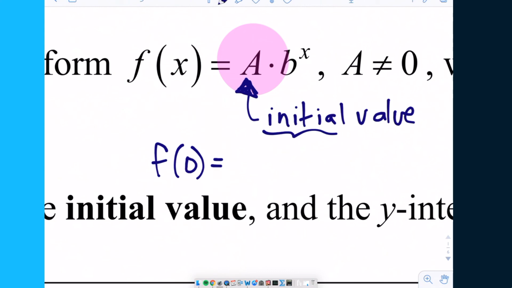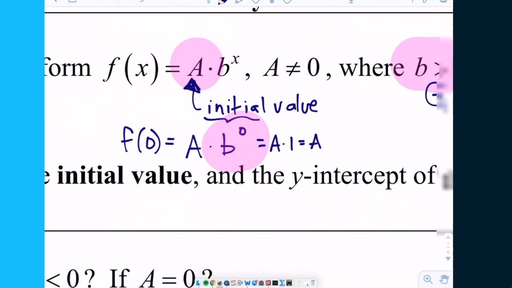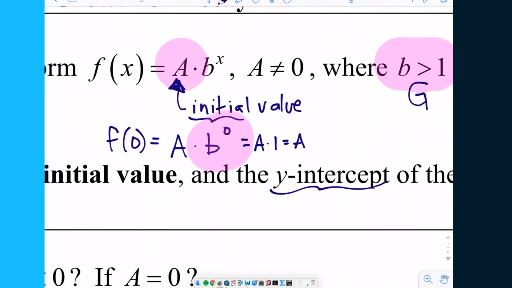How do you evaluate that? What's f(0)? Well, it's going to be a times some number to the 0 power. What's a number raised to the 0 power? 1. Good. So you get a times 1, which of course is a. So what important point is that on the graph? (0, a), which is the y-intercept. Yeah. So your initial value is also the y-intercept of the graph.